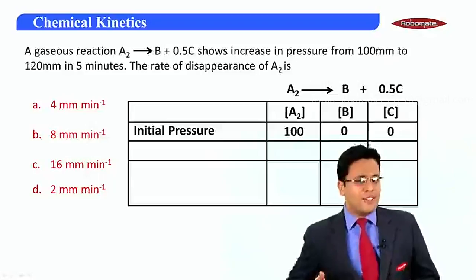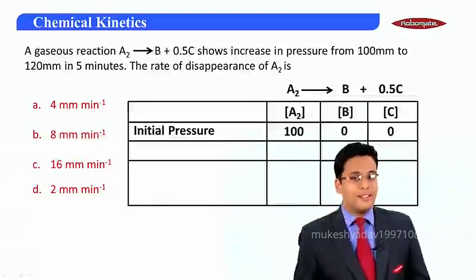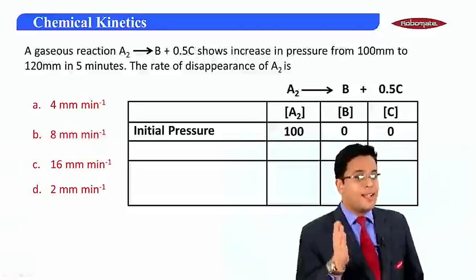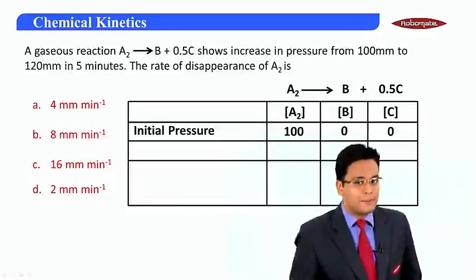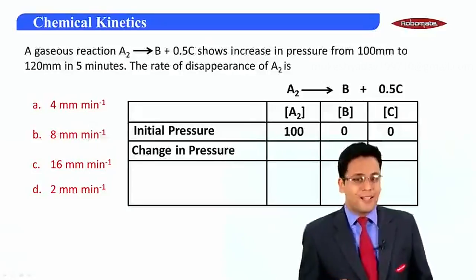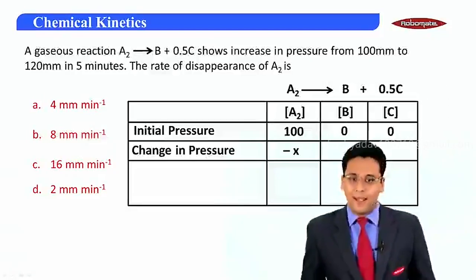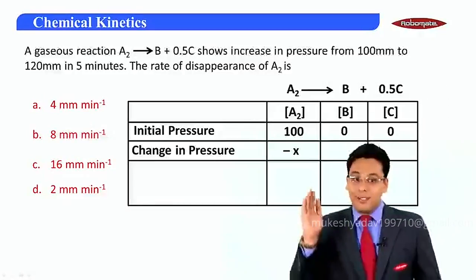Now, as the reaction started, the pressure of A2 kept on decreasing, and B and C kept on increasing. So let's say the change in pressure is X. For A, it will be minus X, because A is decreasing with time.